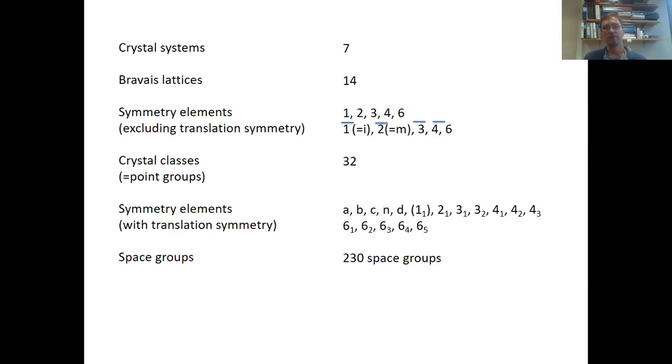So that expands the crystal classes or point groups, of which there are 32, to overall 230 space groups.